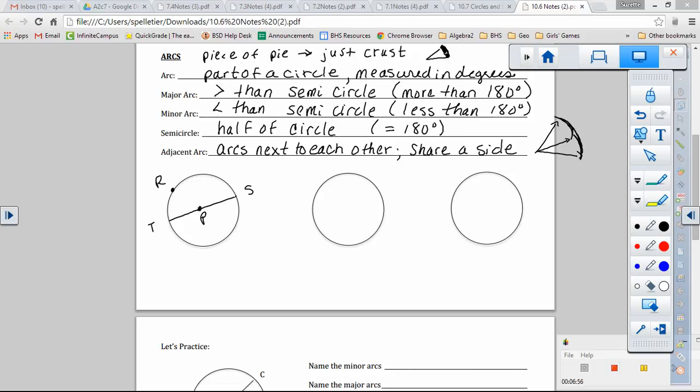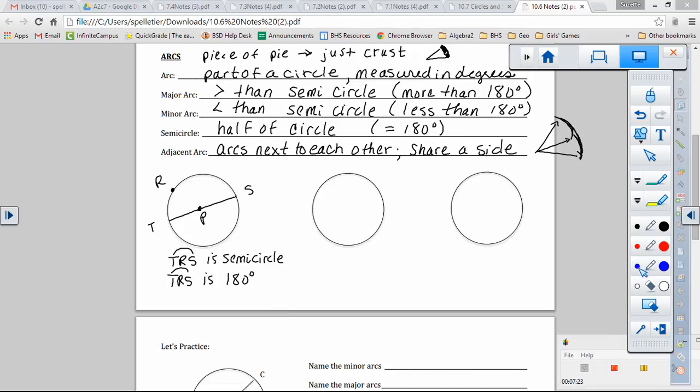And we're going to say in this one, T, R, S. And I'm going to draw this symbol over the top. That means arc. Arc TRS is a semicircle. Okay? That means that arc TRS is 180 degrees.